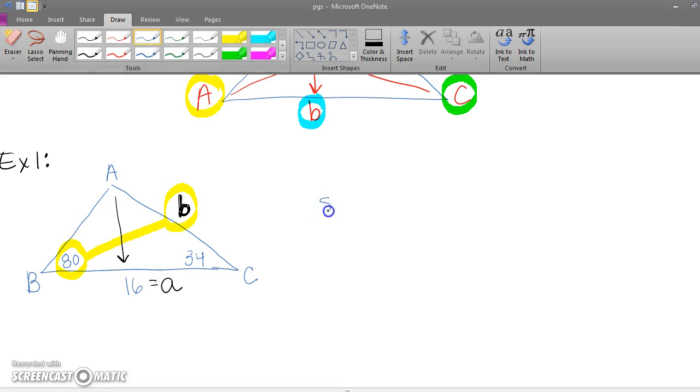So we write sine of 80, it's always an angle, over little b, that's a set, equals. Now we need another set. You'll notice that we have 16, that's the known information. Well, we don't have big A. We have to find it, but we can because we have two angles.